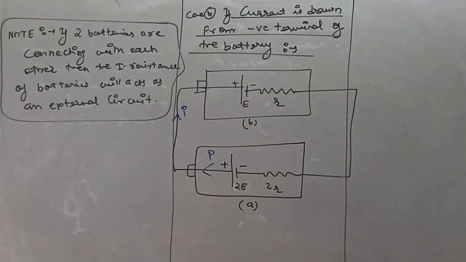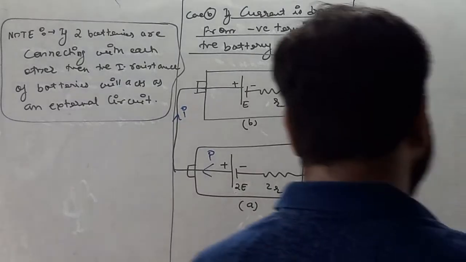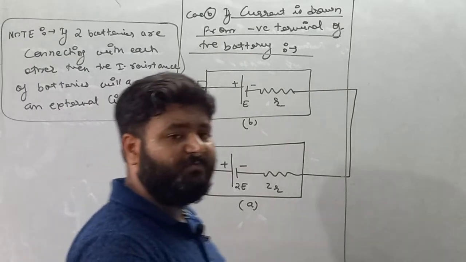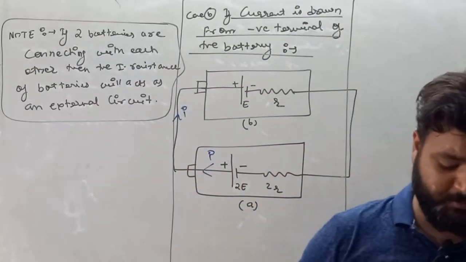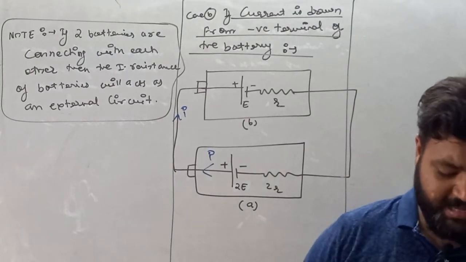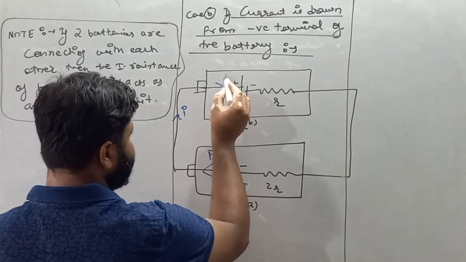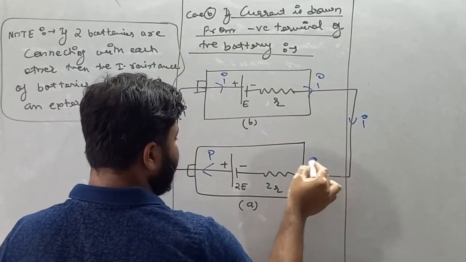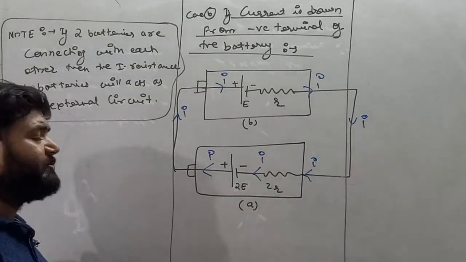So battery B's internal resistance acts as external circuit for battery A. As we know the rule of flowing of current, it is always from higher potential to lower potential. So current starts flowing like this, and the amount of current which comes from the battery is always equal to the amount of current which goes towards the battery.